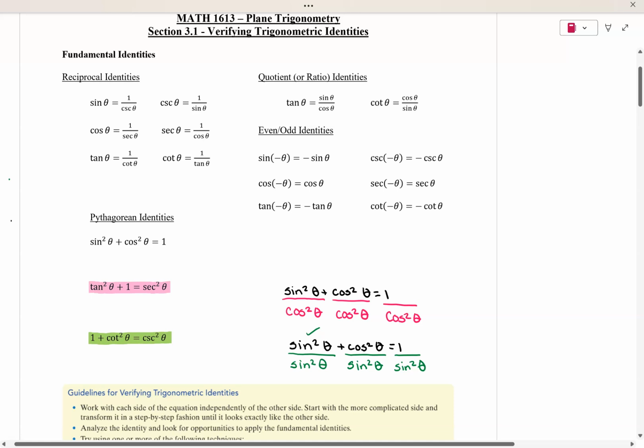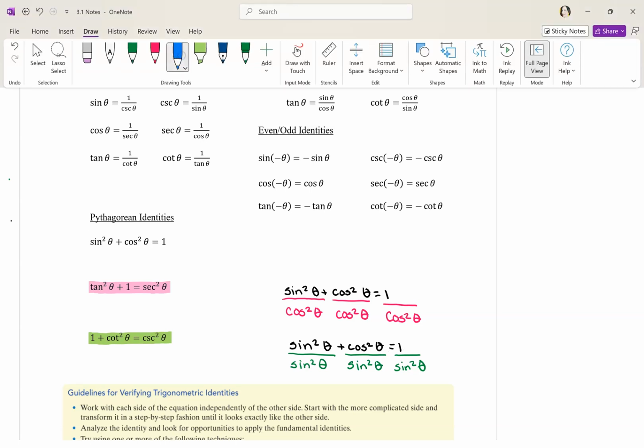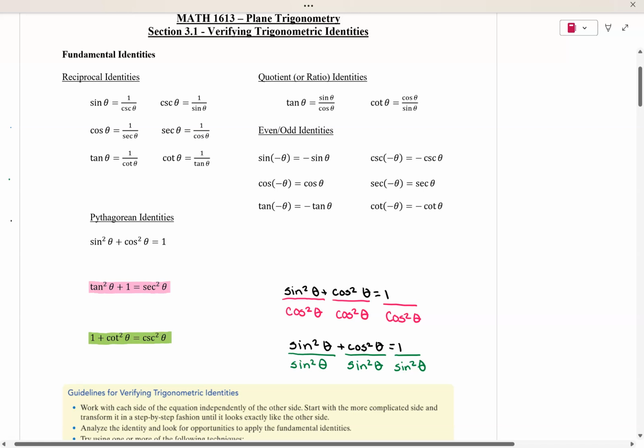Sine squared divided by sine squared is 1. Cosine squared divided by sine squared is cotan squared. And 1 divided by sine squared is cosecant squared. So if you have the first one, sine squared plus cosine squared equals 1, you can divide by cosine squared or sine squared and be able to get the other two. So in case you ever forget them, that's a way to be able to find them.